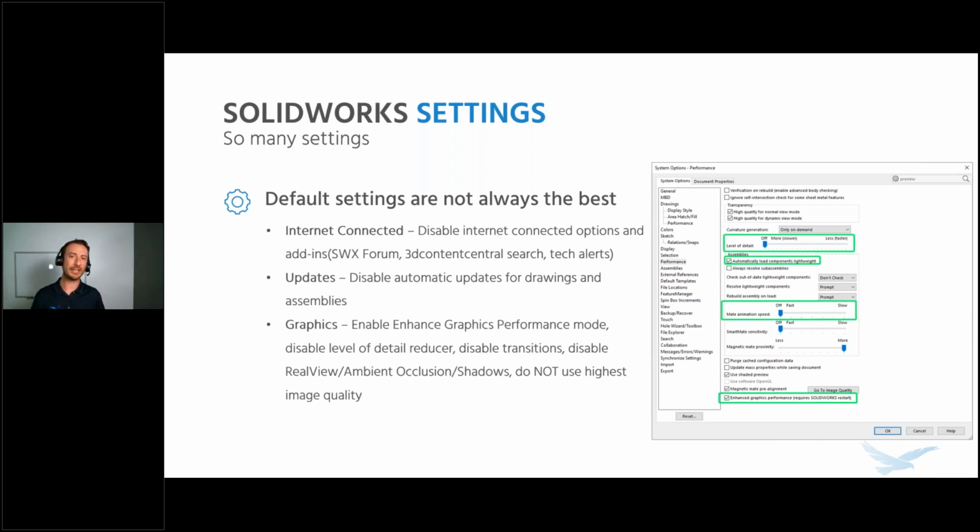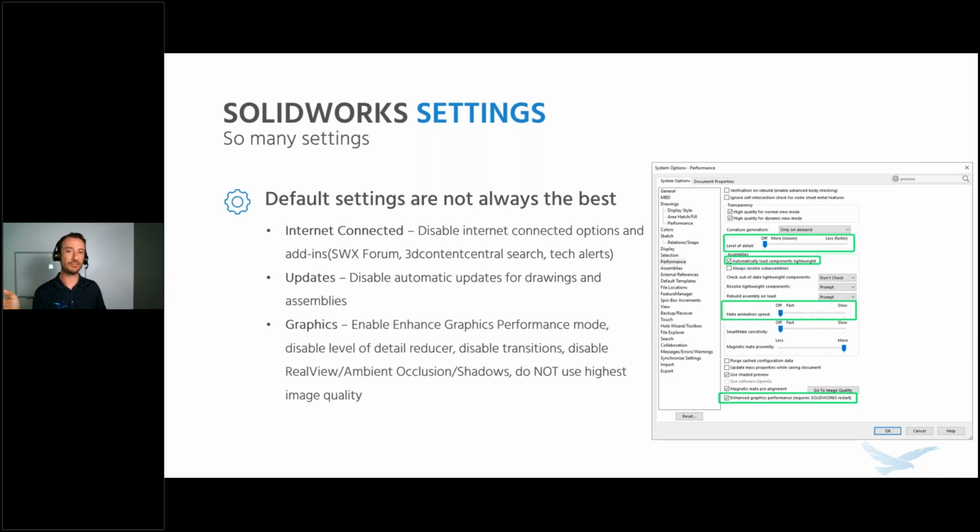The other thing on here is the level of detail slider. That setting is kind of a legacy setting, in that when they introduced it, what this is determining is, okay, if I were to target 30 frames per second at all times when I'm panning, zooming, and rotating my models to make it a nice and smooth experience, how much simplification of the geometry can I do?